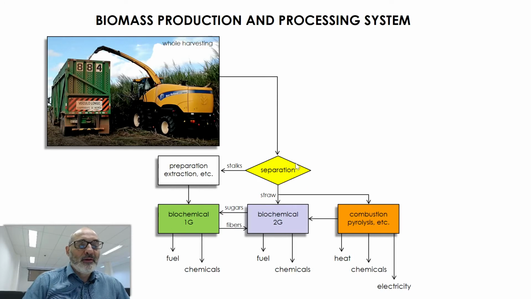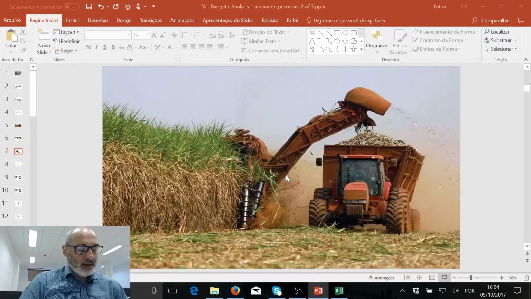Because it's stationary, you have more space for separation. If you embark a separation process on a machine, it has to be small, because you don't have a ship, okay? It's a small machine. So it's a lot more sensible to do a stationary separation.